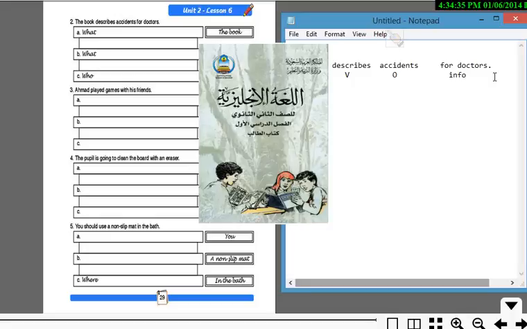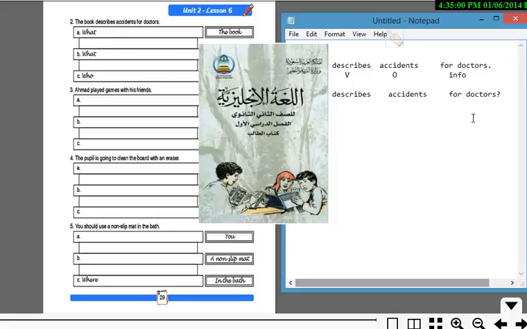We're going to use what, because who is used for a person and what is used for something that's not a person, not a living being. So I'm going to keep the sentence the same. What describes accidents for doctors.